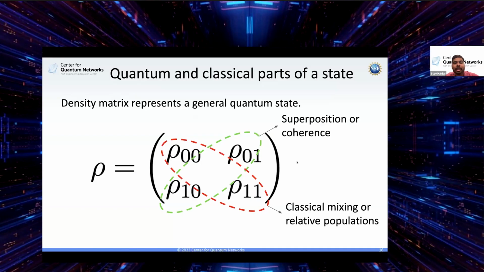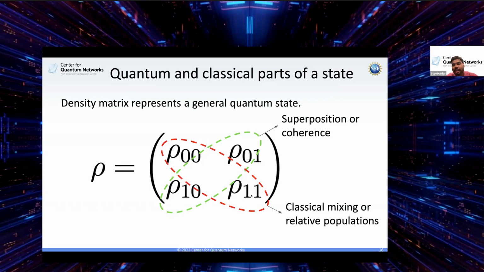And then another key point that I would like to highlight at this point is the idea of the density matrix, right? So what you can do on the Bloch sphere, you can also write the same single qubit state as a 2 by 2 density matrix. This is just another way of writing it.